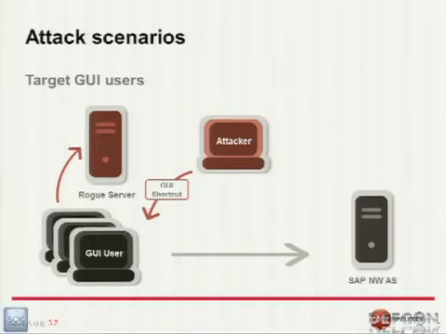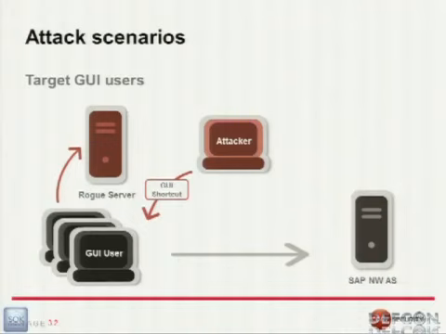There's a feature in the GUI application called GUI shortcuts, which are special .zap files that, when you open them with the GUI application, the GUI starts a business transaction or a program in the application server.